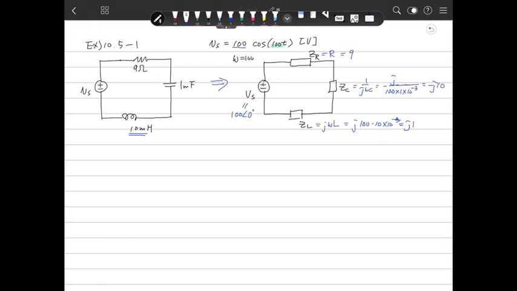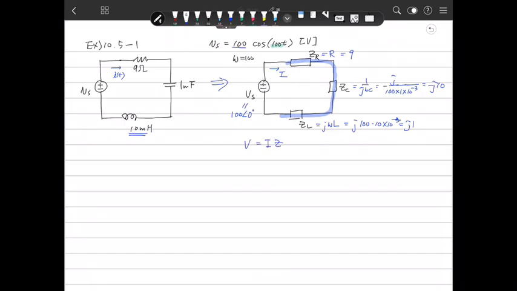Then we want to get the current here, it's I. So I want to get the I. Then this can be written as the series connected impedance here. This is Ohm's law. The V is IZ.